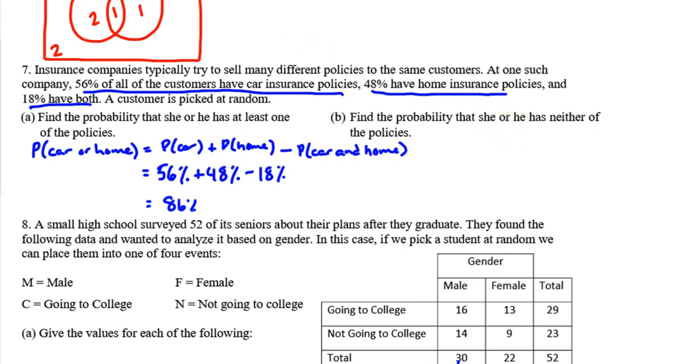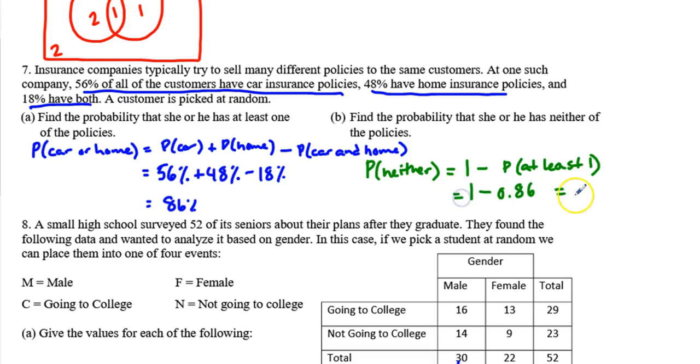So the probability of neither can be found by doing the complement, 1 minus the probability of at least one. So I do 1 minus 0.86, which comes out to be 14% or 0.14.